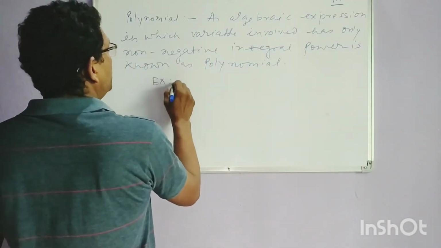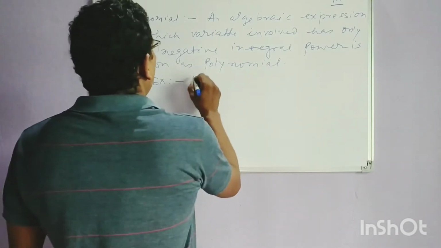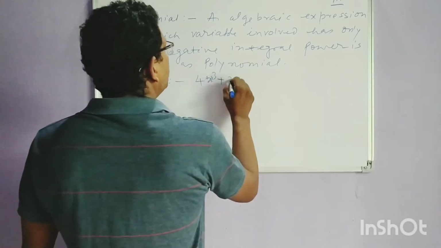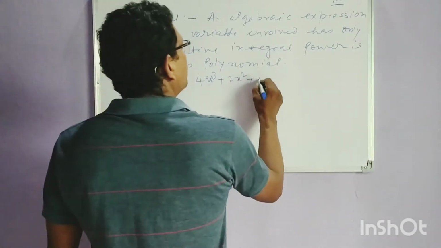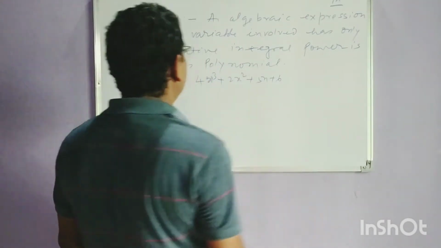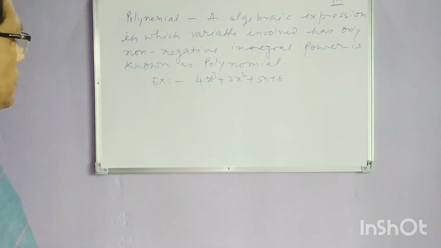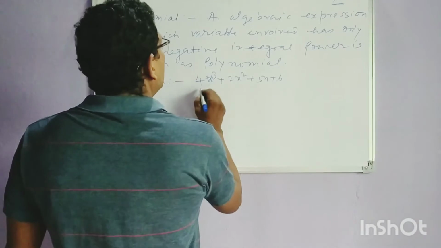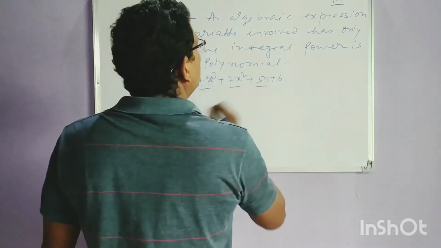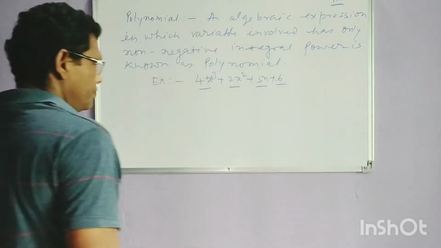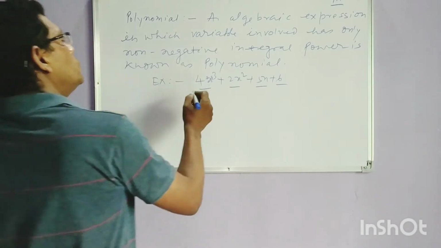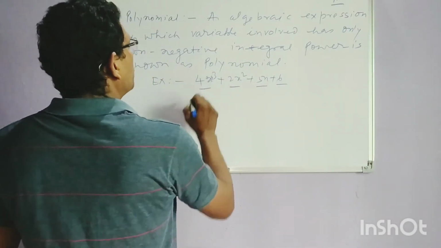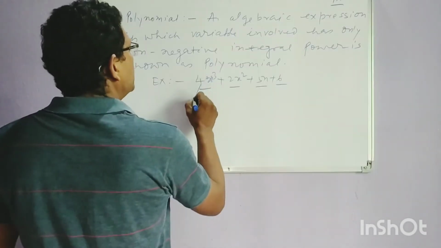Example, we take 4x cube plus 2x square plus 5x plus 6. This is a polynomial. So here first term, second term, third term and constant. So first term has 4. This is called coefficient.